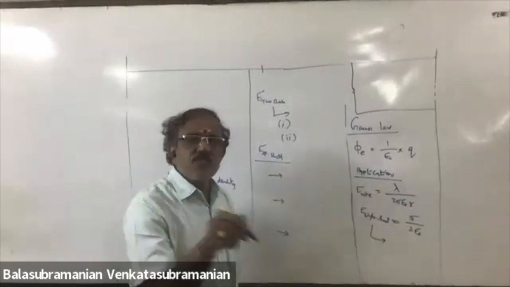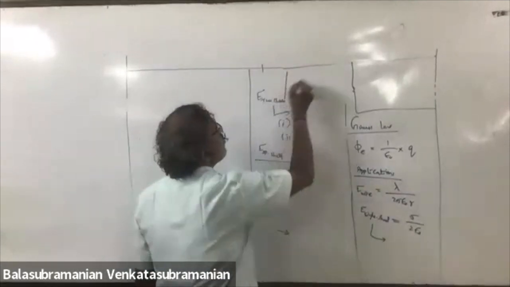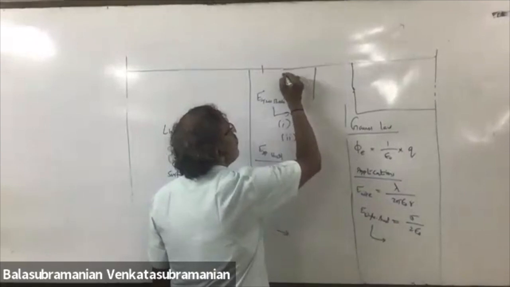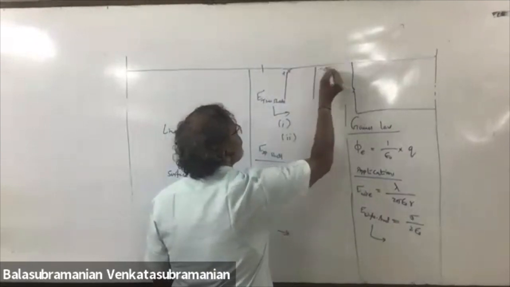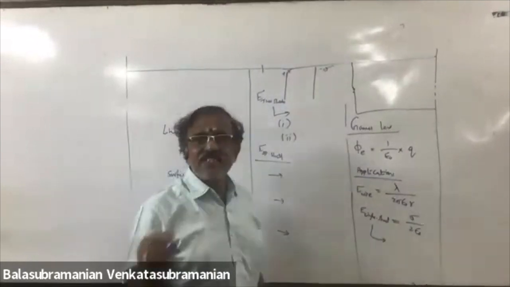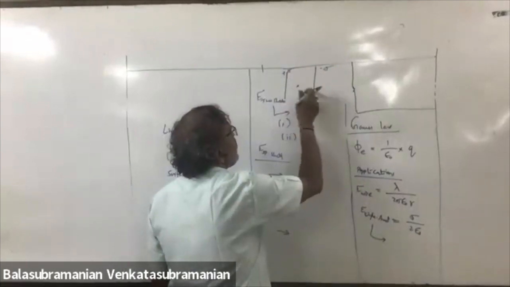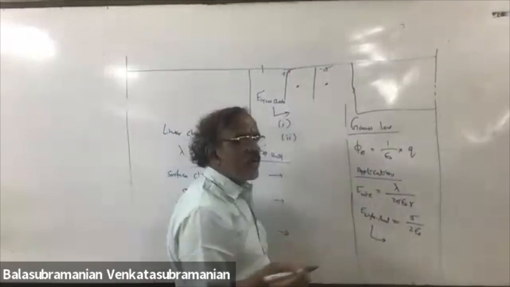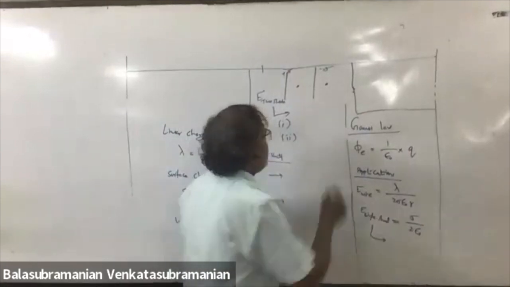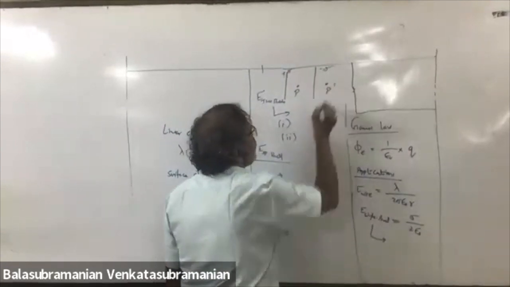Now you have two sheets. One is plus sigma, another is minus sigma. So the next question will arise: you are considering a point in between the two sheets, or you are considering a point outside. In between P, outside P dash.